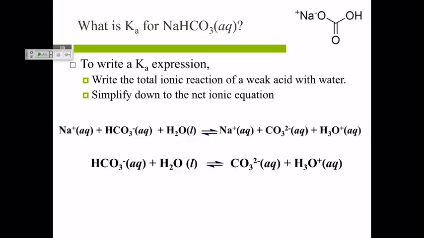Sounds like a little difference, but it's a really important difference. So say it one more time, that final part. Oh, okay, so concentration of CO3 2 negative times concentration of H3O plus over the concentration of HCO3 minus. Great, thanks. So the other way to say that would be the concentration of carbonate times the concentration of hydronium all over the concentration of bicarbonate. I like how you also said Kc times the concentration of water. So we're not going to use that necessarily, but the fact that you're recognizing that is great.